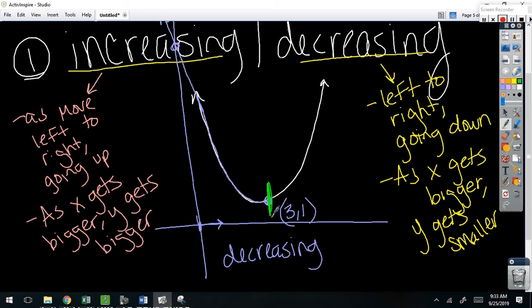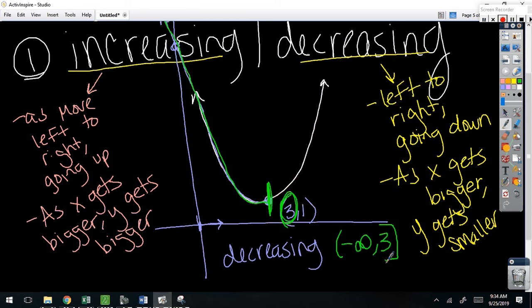Do you agree that on the left side of that, it is always decreasing when you look left to right? So it is decreasing from negative infinity until I get to this point, 3.